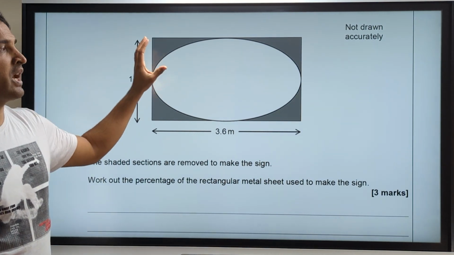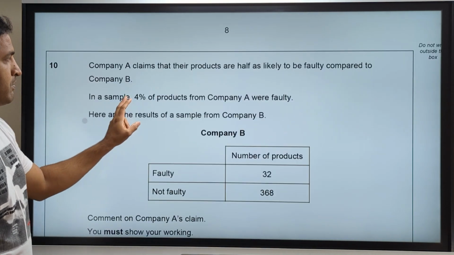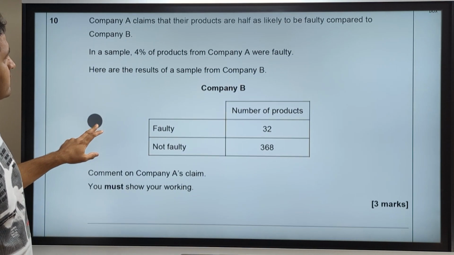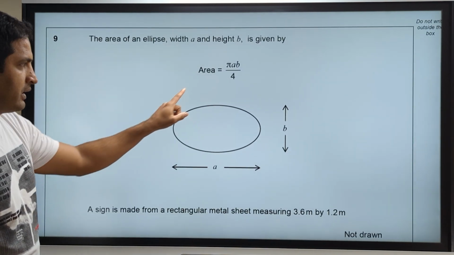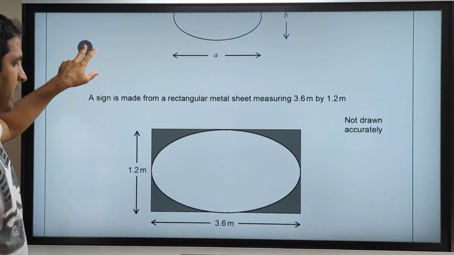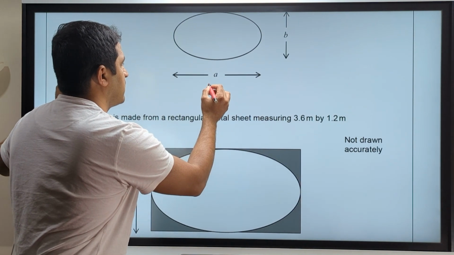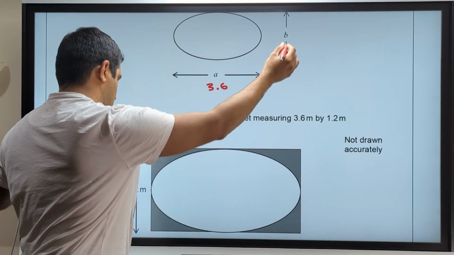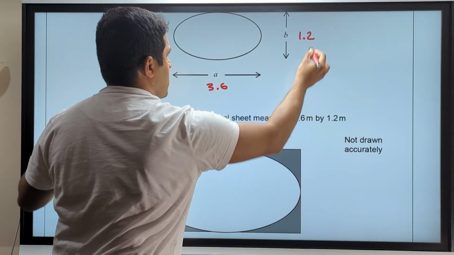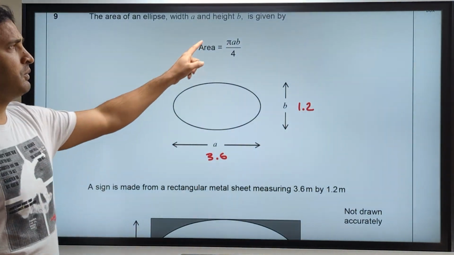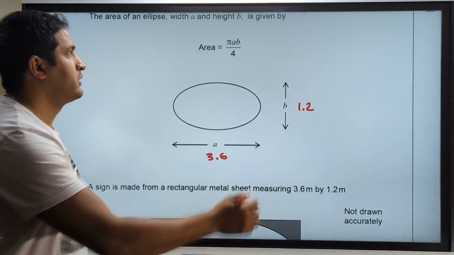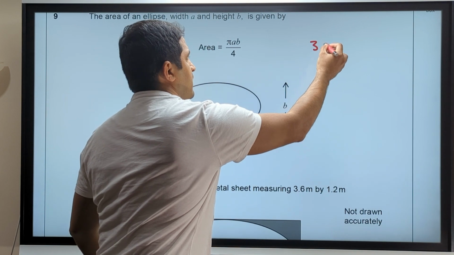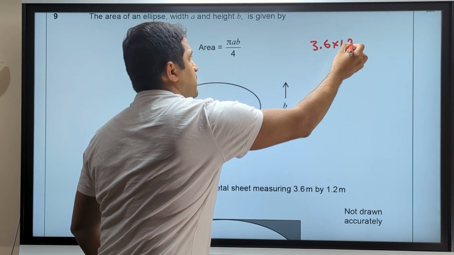So we need to work out the area of both. This part here, where we know the A is 3.6 and the B is 1.2. We can do that part first using this formula here. So we're doing 3.6 times 1.2.